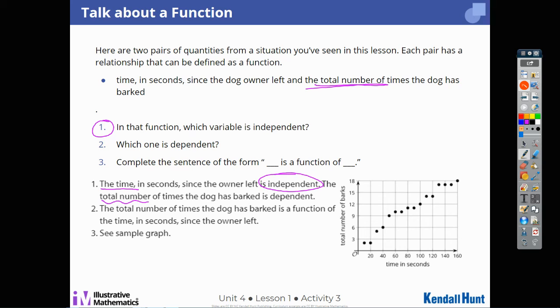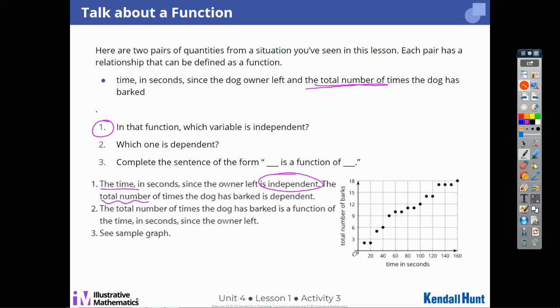Time doesn't change. It's not affected by anything else. So it is almost always your independent variable. So that means that the total number of times the dog has barked is a function of time since the owner left. So that's how we write our sentence.